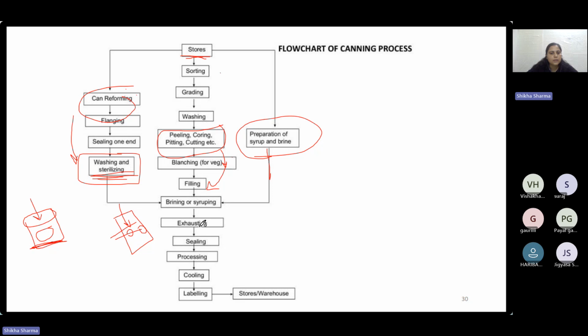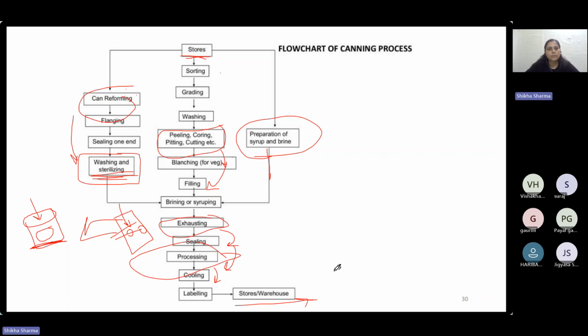After that the vacuum will be released, so exhausting is the process. Then the can will be sealed and then processed at a high temperature and then cooled, and finally it can be delivered as a product.